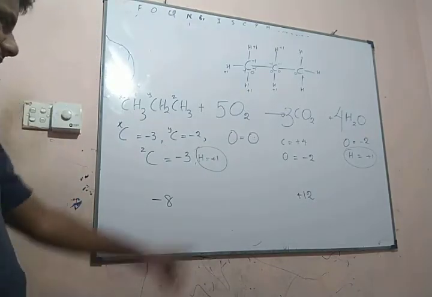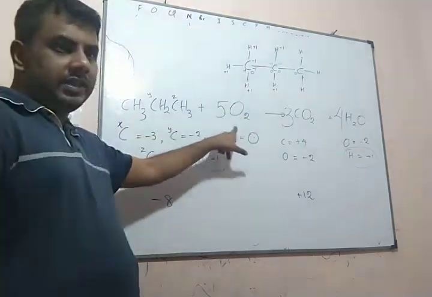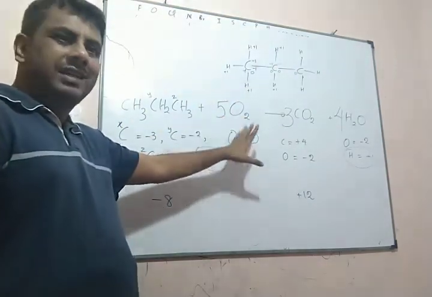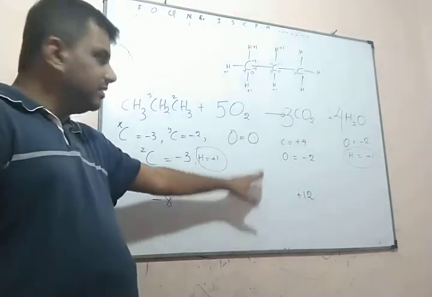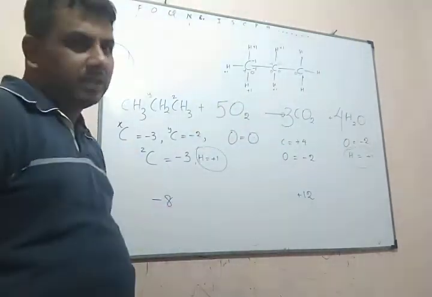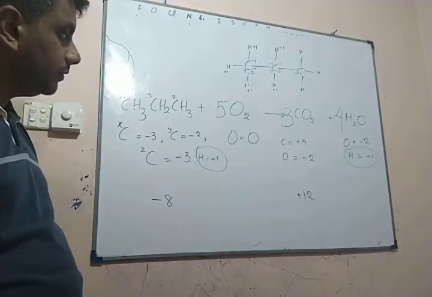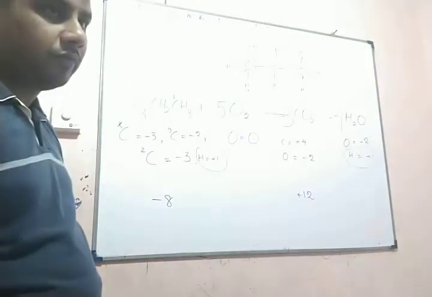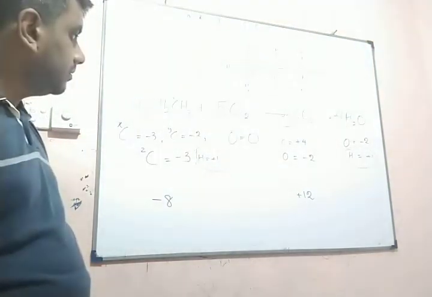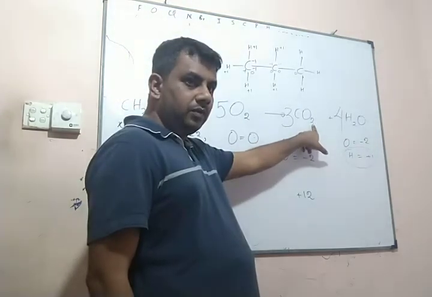Okay, so just see the oxidation state of oxygen. What's the cumulative oxidation state of oxygen? Yeah, it's always 0. Why? 0 means 0. Right? 0 multiplied by anything is 0. The cumulative oxidation state of oxygen: minus 2 into 2, minus 4.